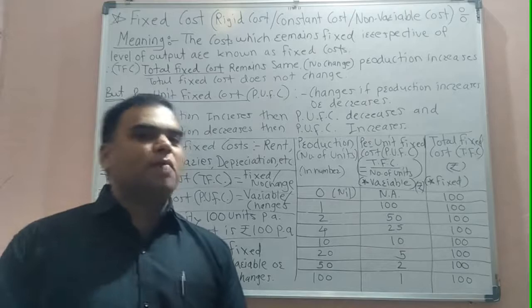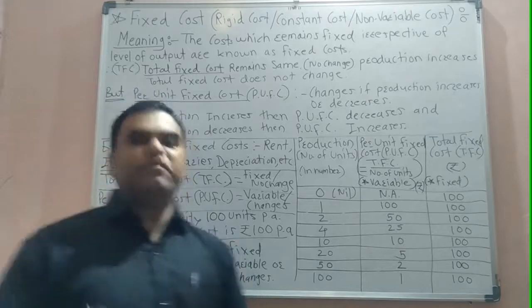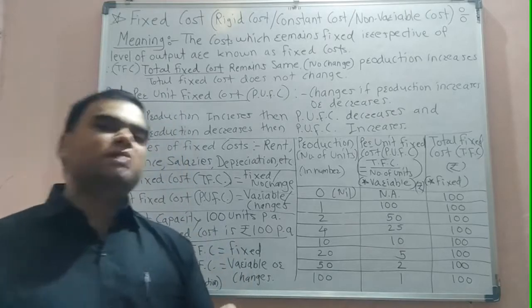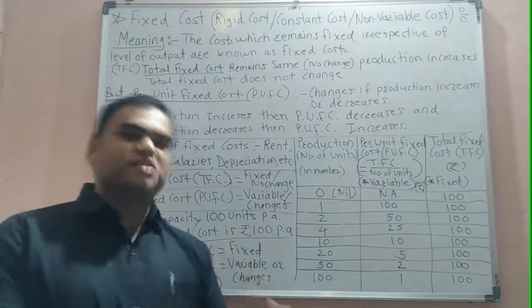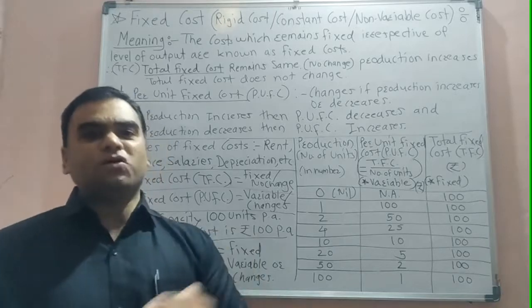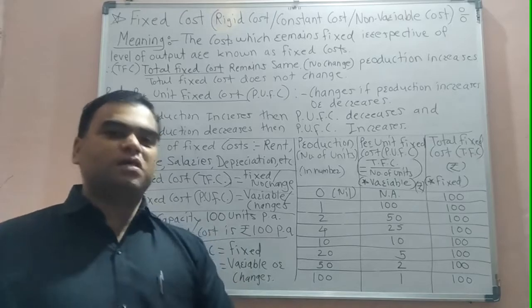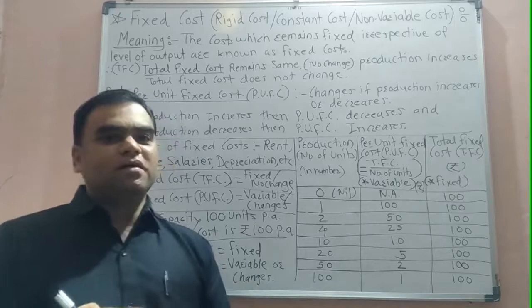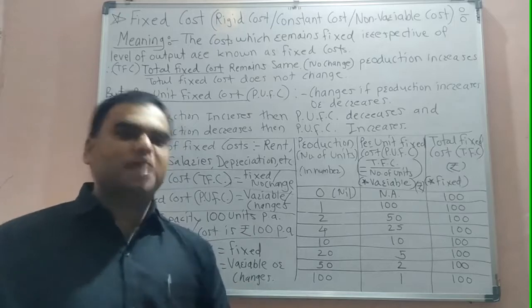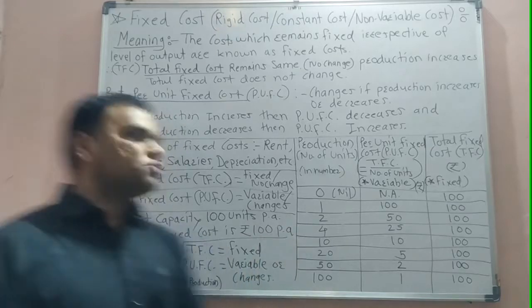Insurance premium amount will not change. That's why insurance is also a fixed cost which remains fixed. Whether you increase the production or decrease the production, or your production is 0 or up to the maximum level, the fixed cost will remain the same, like rent, insurance.